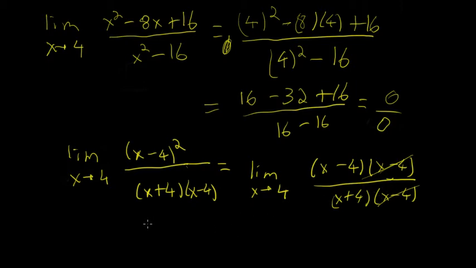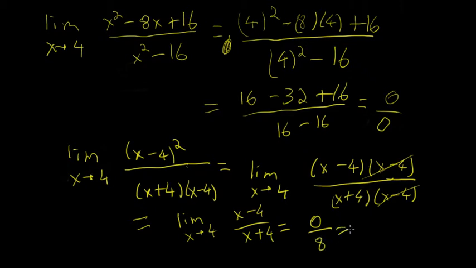We're concerned with the area around x equaling 4, but not quite at 4 itself. So this is just the limit as x tends to 4 of x minus 4 divided by x plus 4. 4 minus 4 is 0, and 4 plus 4 is 8. 0 over 8 is 0. So that's that limit there.